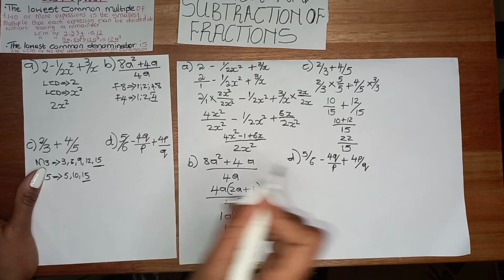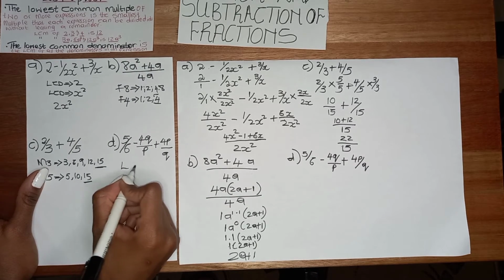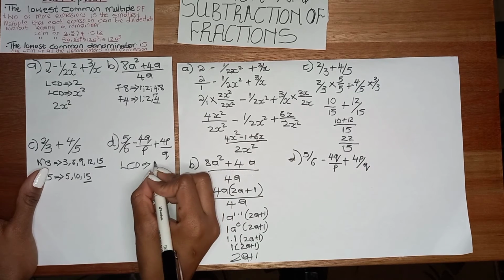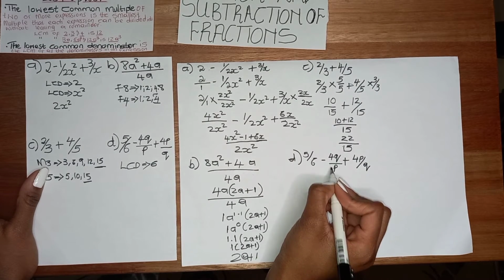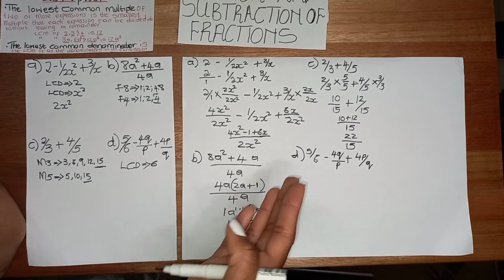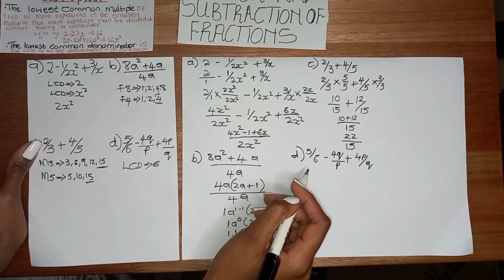So as you can see, the LCD of the numbers will be 6, because here it's just 1, here it's just 1. So the smallest multiple of each number will just end up giving us 6.